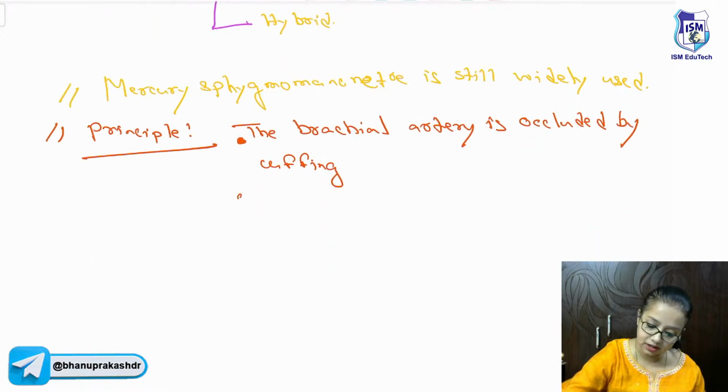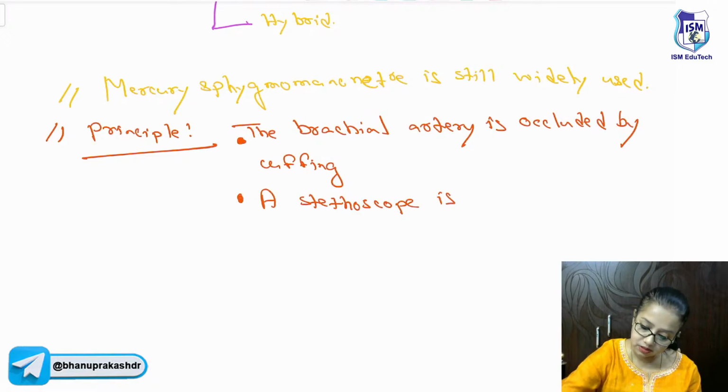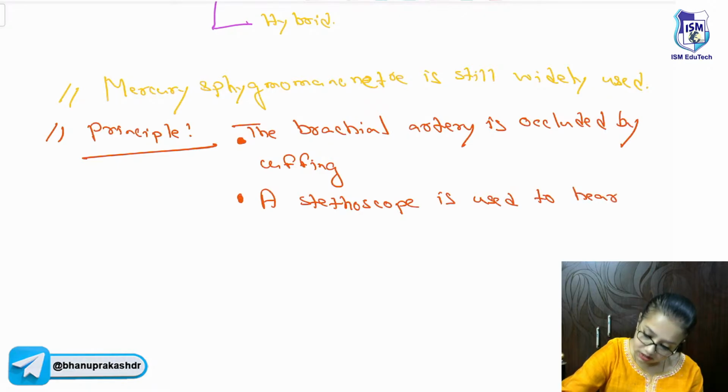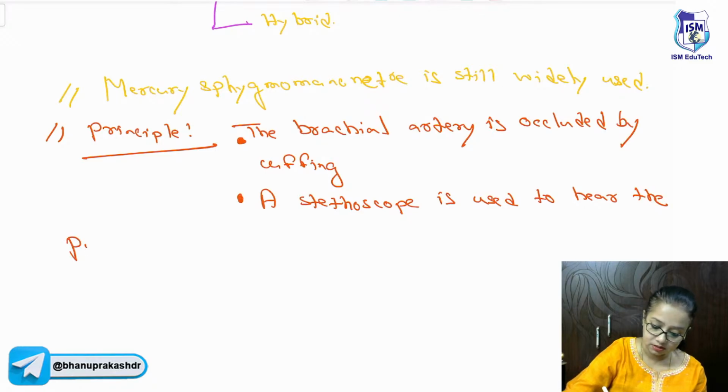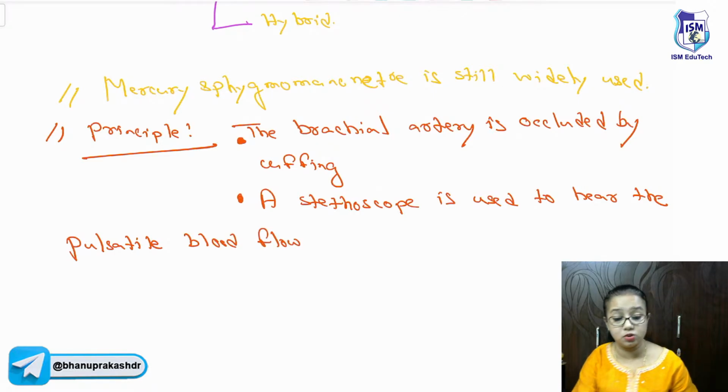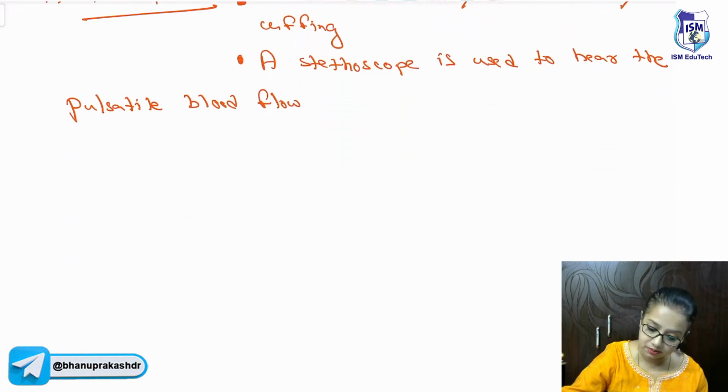Okay, and a stethoscope is used to hear or auscultate the pulsatile blood flow. So this is the principle on which the sphygmomanometer works.